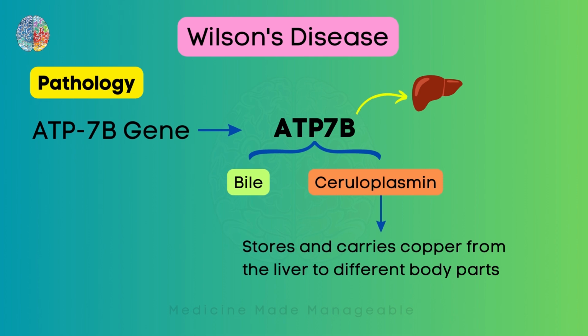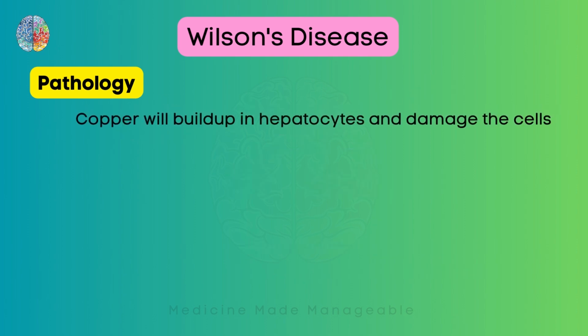Now let's see what happens in Wilson's disease. Here the ATP7B gene is defective. Due to this, the ATP7B is not formed, and the copper will no longer be incorporated into the bile or be able to attach to ceruloplasmin. Since ATP7B is predominantly in the liver cells and now it is not working, this will lead to copper buildup inside the hepatocytes.